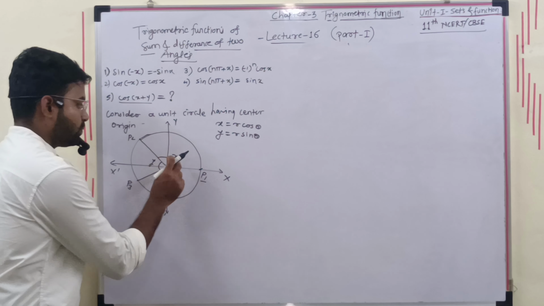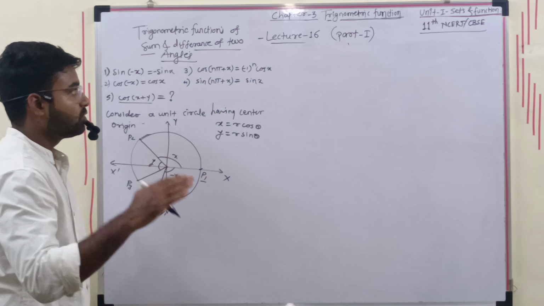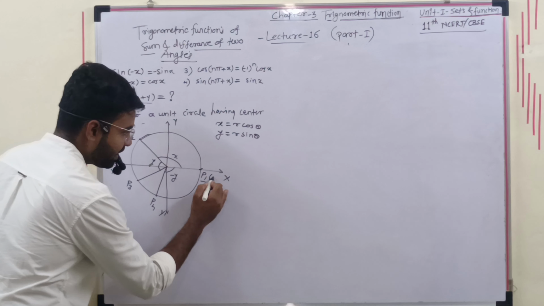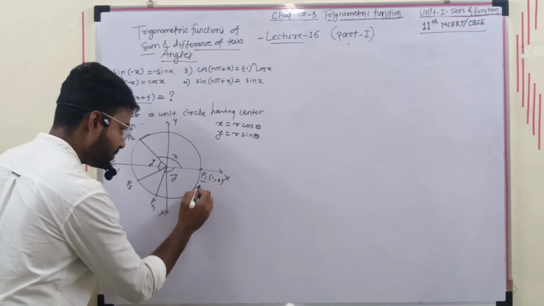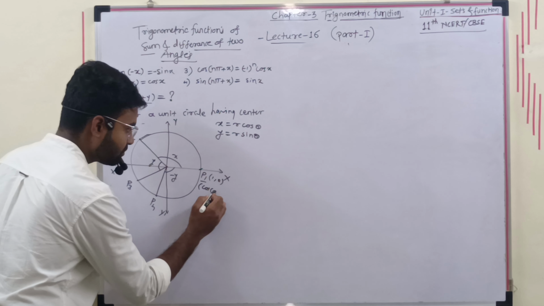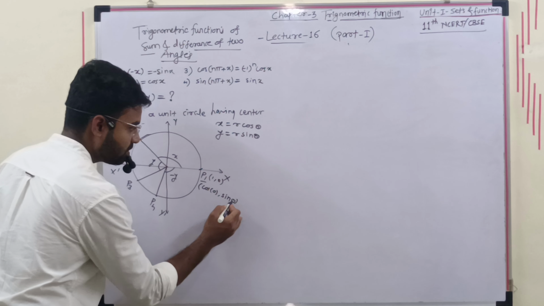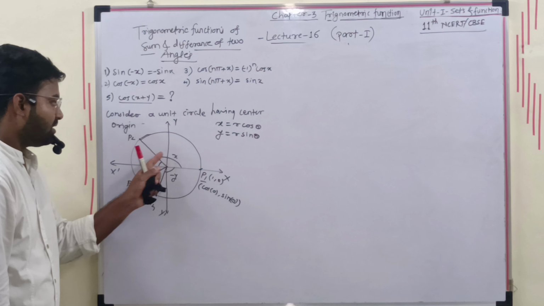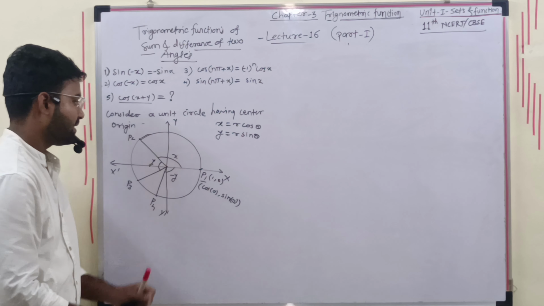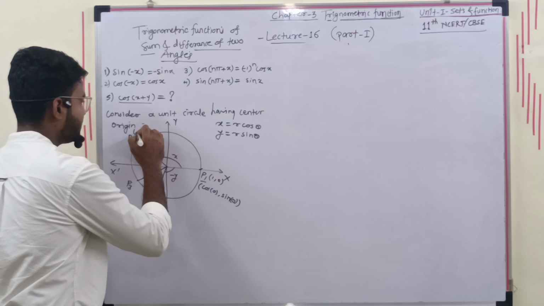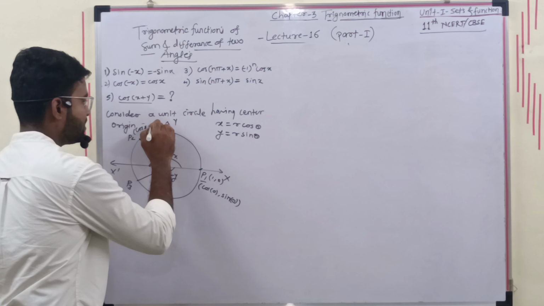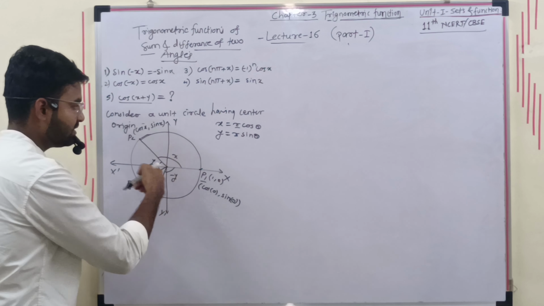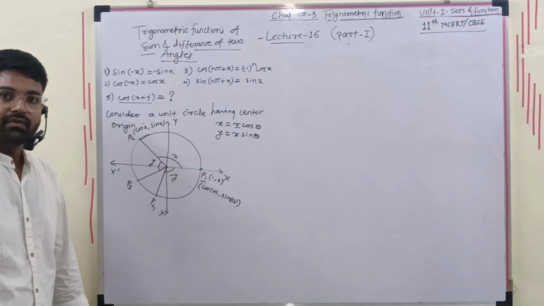Polar to Cartesian conversion and Cartesian to polar conversion, you have already done in 10th. So this point P1 has coordinates 1, 0 and the polar coordinates are cos 0, sin 0. For the point P2, the polar coordinates: it makes angle x, so P2 has coordinates cos x, sin x, because since it is a unit circle, the radius is 1.